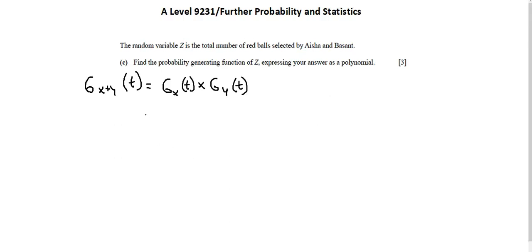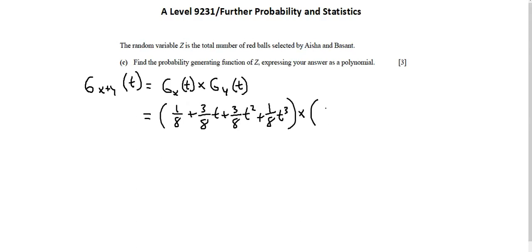And the setup is 1 over 8 plus 3 over 8t plus 3 over 8t squared plus 1 over 8t cubed, times 1 over 20 plus 9 over 20t plus 9 over 20t squared plus 1 over 20t to the power of 3.